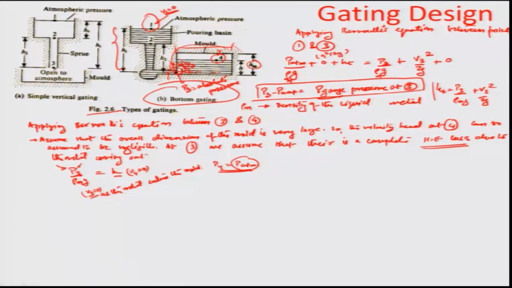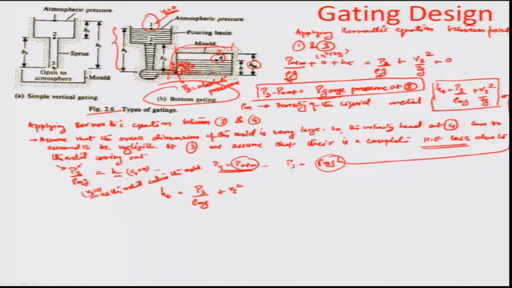So, from here we can probably obtain the value of P3 to be equal to rho m g h, and if I substitute the value of P3 in this equation right about here, we get H T equals P3 by rho m g plus V3 square by 2g, or in other words this is equal to rho m g h by rho m g.